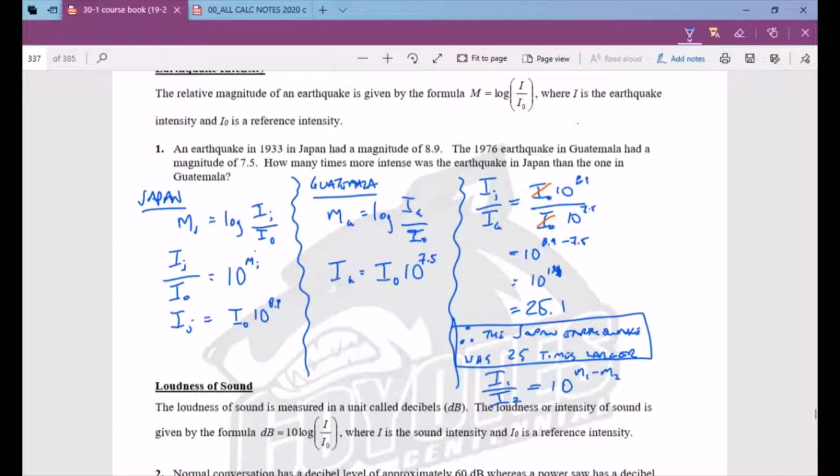This is what it all boils down to, and it ends up being a useful form of comparing these two earthquakes: the ratio of the intensities is equal to 10 to the exponent of the difference of their Richter scale measurements.